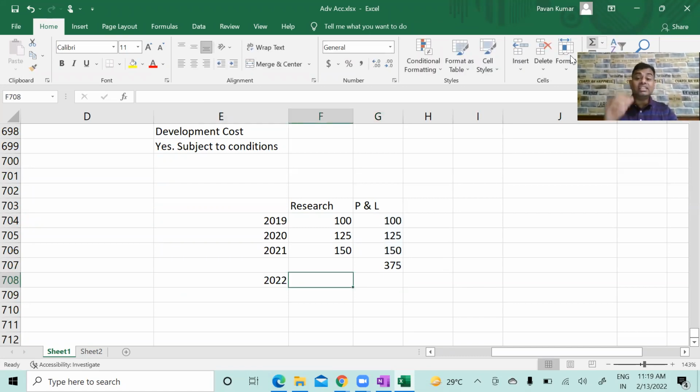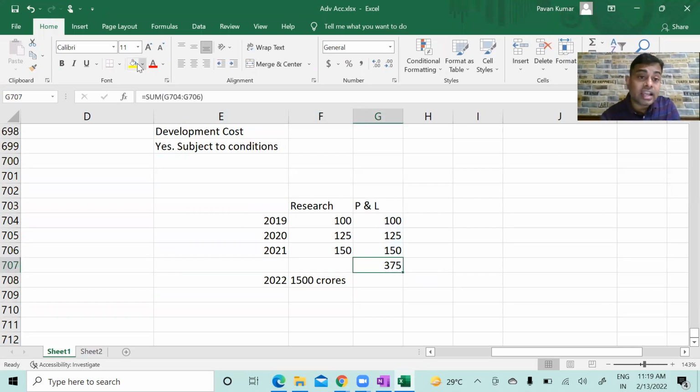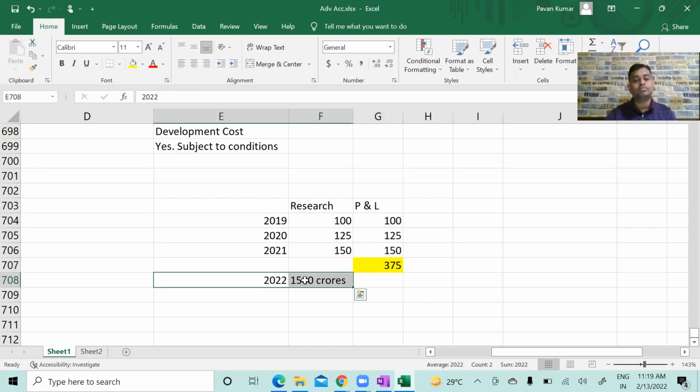In 2022, this research is successful and you estimate a benefit of 1,500 crores. Now I have one doubt. Can I reverse this expense to recognize intangible asset? Now I got certainty in 2022, but it met the criteria for recognition only in 2022.